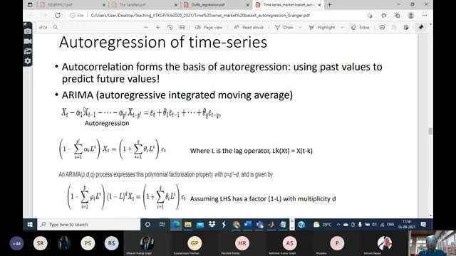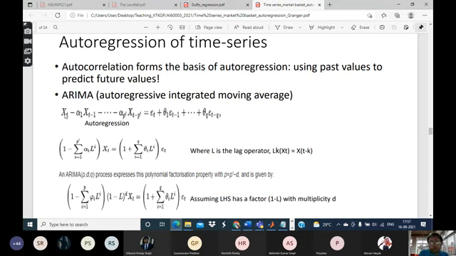I may use the observation at t minus 1 to predict xt. I may also use some of my past observations, say t minus 2, t minus 3, all the way up to t minus p prime, where p prime is any number which seems reasonable in my application. So I can use all those past values to make a prediction of xt.